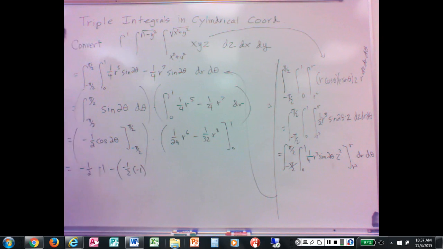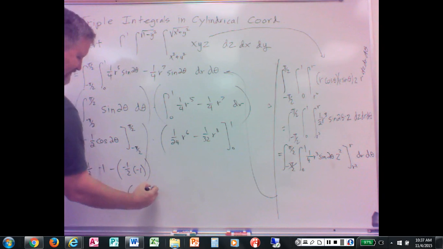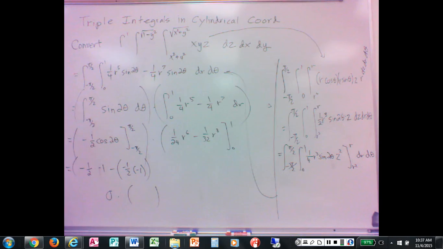That's 0. You get a 0 again? I didn't realize that. So it doesn't really matter what this is, but it's 1/24 minus 1/32, whatever that is, it's times 0. This is going to be 0. 0 again. I don't think that happens as much as it happened today. All right.